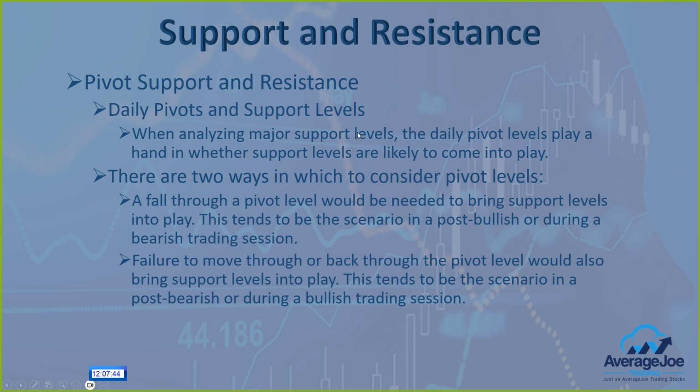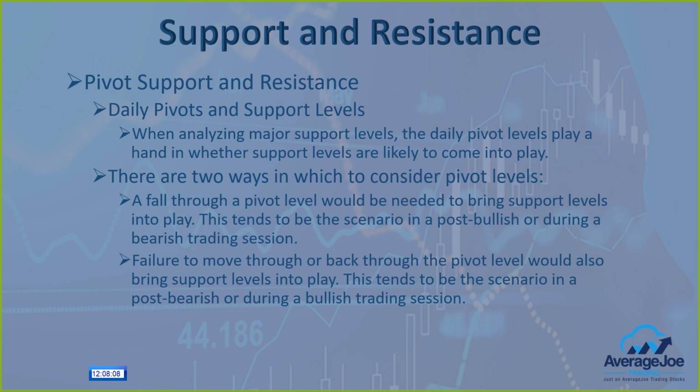So when you analyze major support levels, the daily pivot levels play a hand in whether support levels are likely to come into play. So there are two ways to consider pivot levels. A fall through a pivot level would be needed to bring support levels into play.